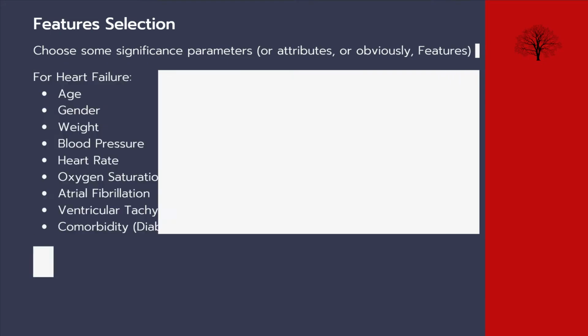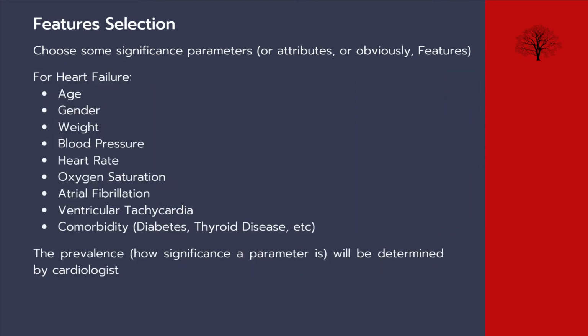By the way, feature selection is the process of choosing some significant parameters or attributes, or obviously features. For this heart data, there are age, gender, weight, blood pressure, heart rate, oxygen saturation, atrial fibrillation, ventricular tachycardia, and comorbidities such as diabetes, thyroid disease, kidney disease, etc. And the prevalence, or how significant a parameter is, will be determined by a cardiologist.